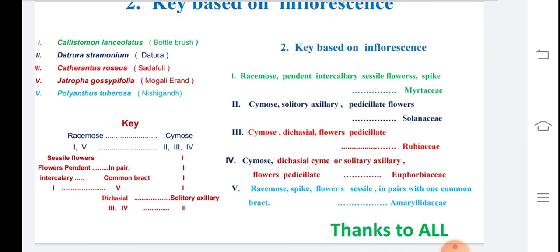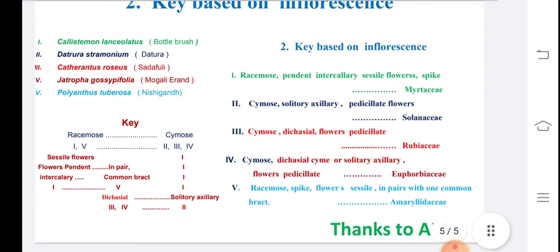Same like this one. So firstly we have to write only the inflorescence character. So first material, racemose type, pendant, intercalary, sessile flowers and the spike type of inflorescence. Family Myrtaceae, right? It is under family myrtle, but here it is not important.